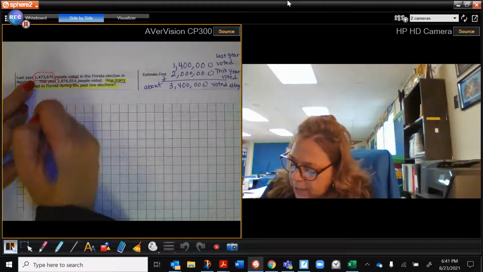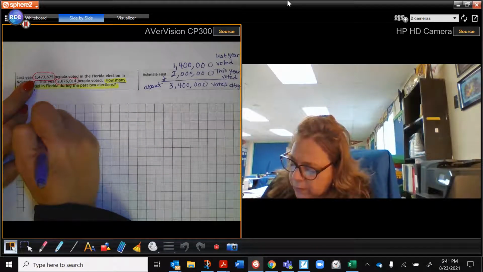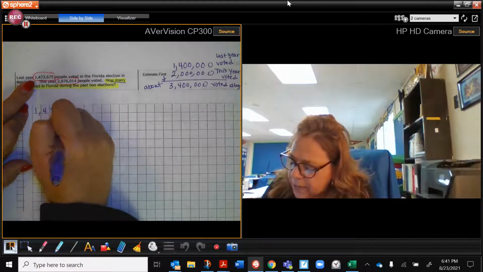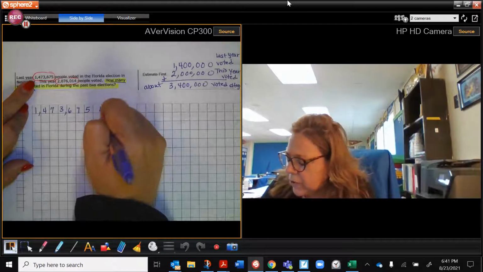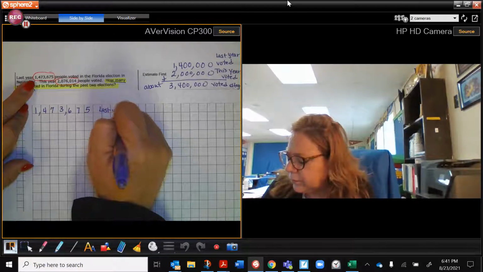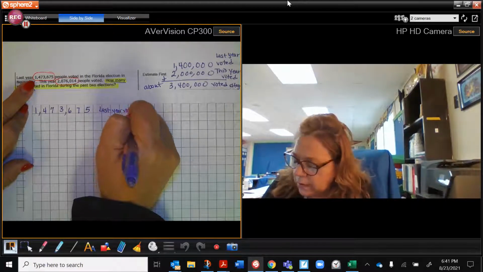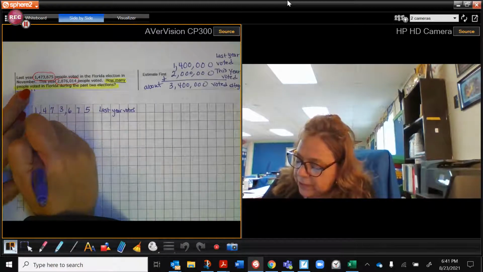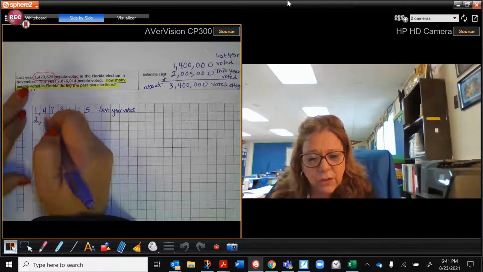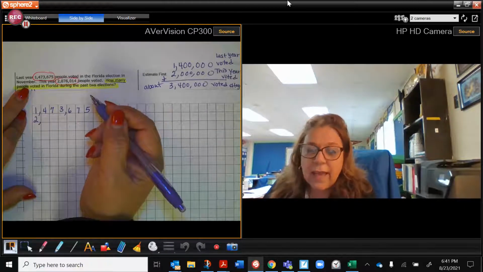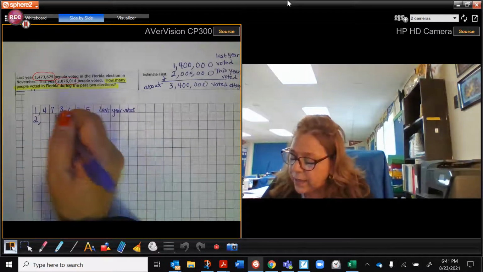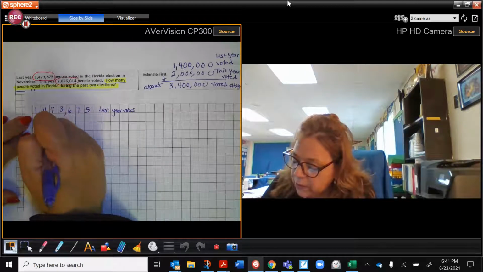and I'm going to take my 1,473,675, this is last year, votes in Florida. This year's votes, did it increase or decrease? If we were comparing it, yeah, the 2 million is greater than your 1 million, so we increased in votes.